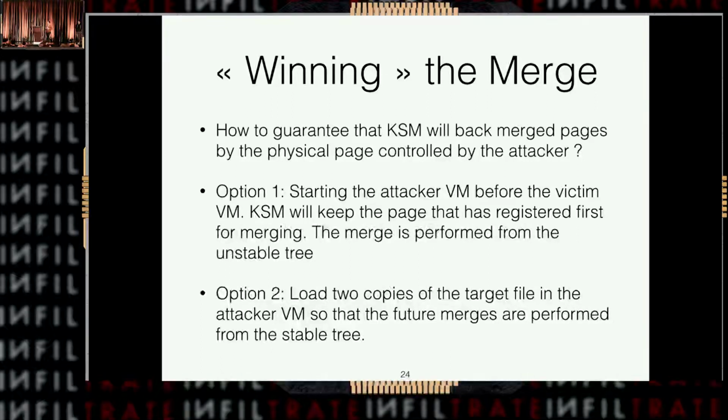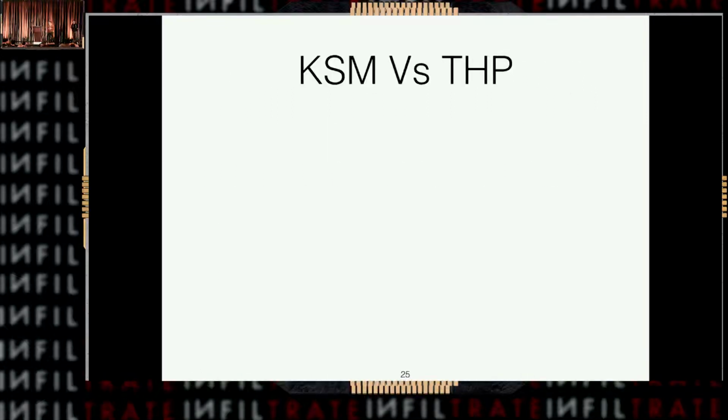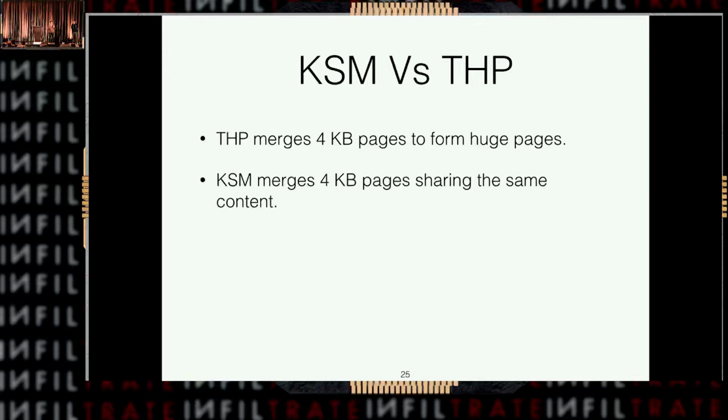There is a second outcome that we have to handle. It's KSM versus THP. Recall that THP is a thread that tries to merge 4 kilobyte pages to form huge pages. But KSM will try to do another thing, which is merging 4 kilobyte pages sharing the same content.